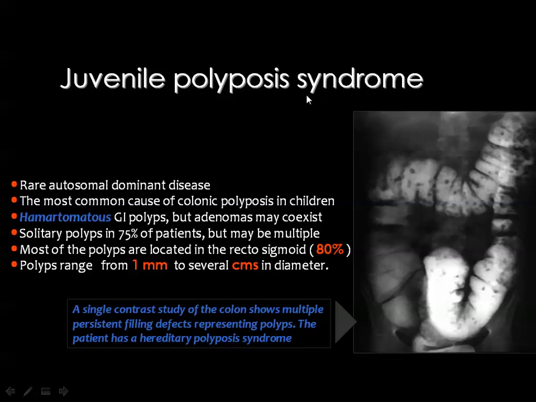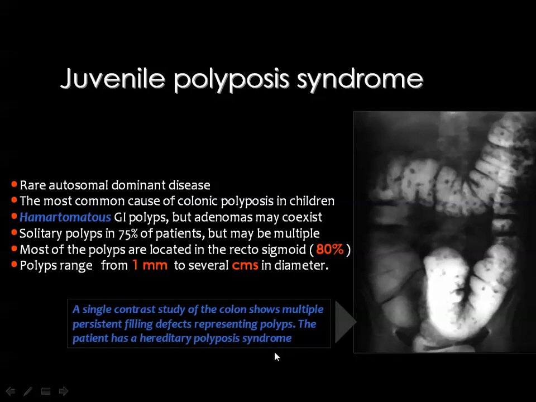example of what's known as juvenile polyposis syndrome, which is an autosomal dominant disease. You can see too many polyps in the colon of the children. Most of these polyps, or even all of these polyps, are on the hamartomatous side, and they do not have the risk of malignancy.